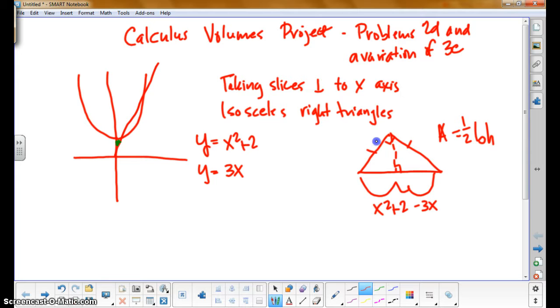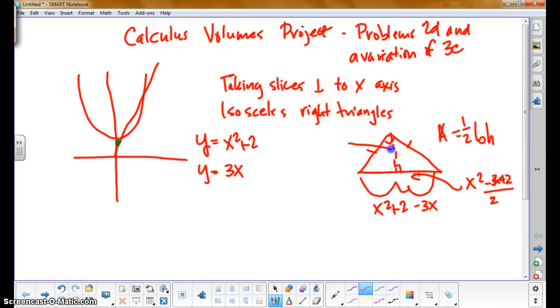And as Alan so obnoxiously and correctly challenged me, this distance here, the base, is going to be x squared minus 3x plus 2 over 2, because that is the halfway point.